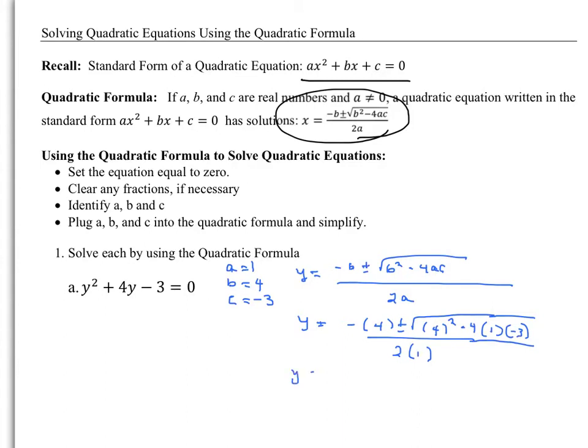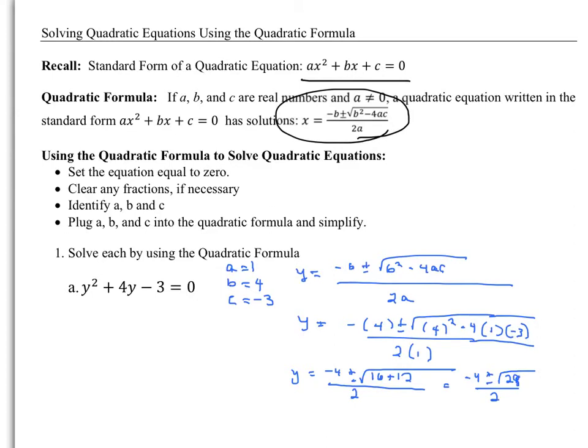So y is equal to negative 4 plus or minus the square root of 16 plus 12, because negative 4 times 1 times negative 3 is 12, all over 2. So we end up with negative 4 plus or minus the square root of 28 all over 2.